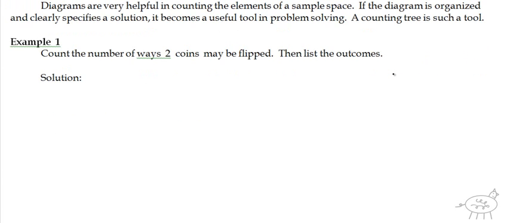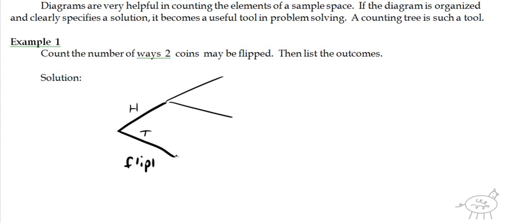It says count the number of ways 2 coins may be flipped. Well, that's pretty easy. We make our tree here. So this is flip 1, and we could either have heads or tails. Then off each of these branches, we have heads or tails, heads or tails.